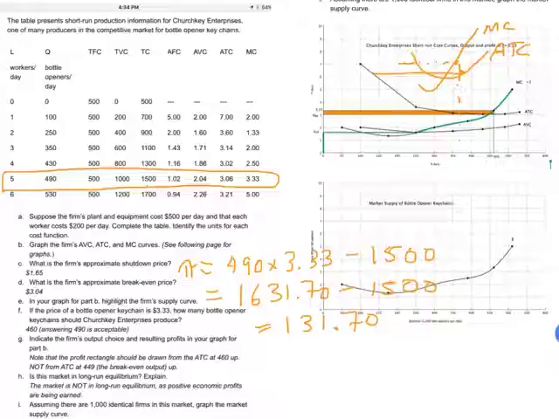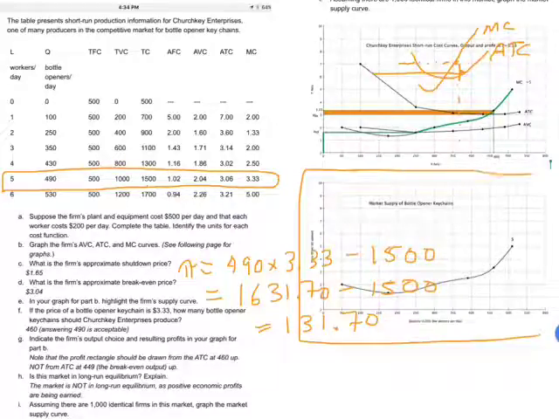Finally, to get to the market supply curve, knowing that there's 1,000 firms in the game, all I did was graph the firm marginal cost and then change the units. Notice that on the x-axis, I didn't label my axes.